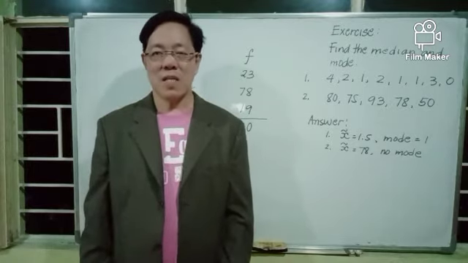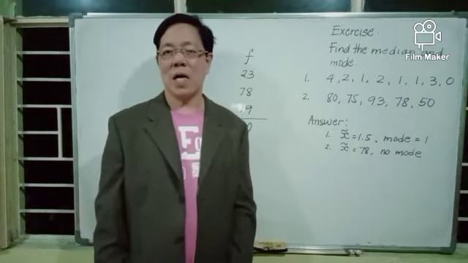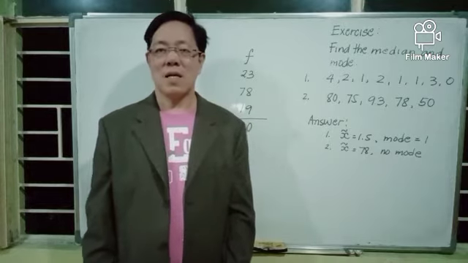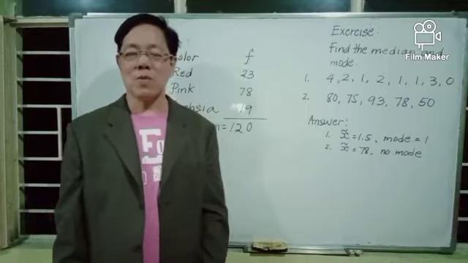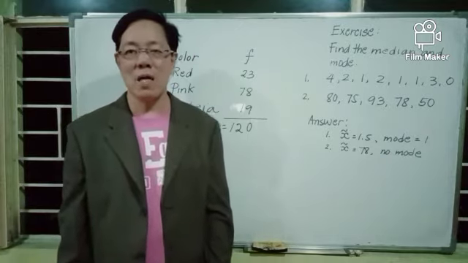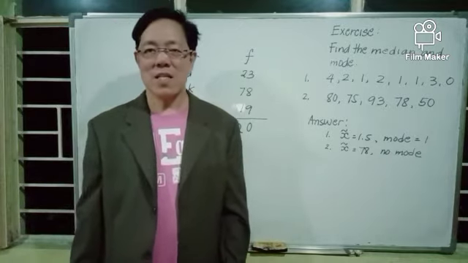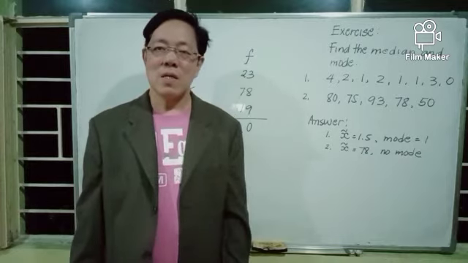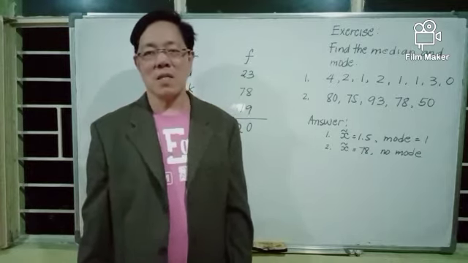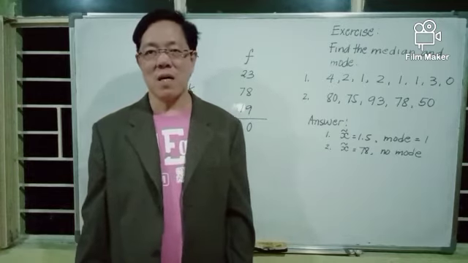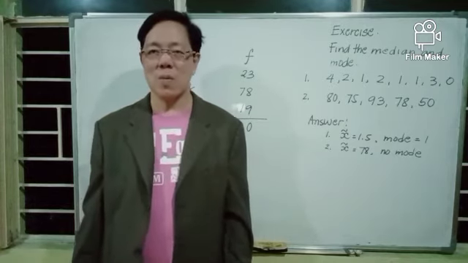Again, mode is defined as the most popular value or item, and in a frequency distribution table, it is the value, score, observation, or item with the highest frequency. The item or the value or observation that occurs the greatest number of times in the set of data is the mode.